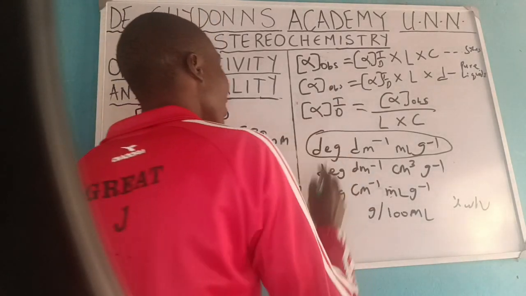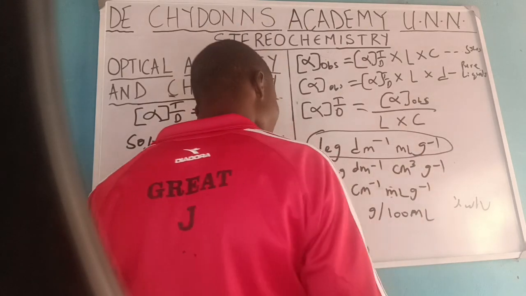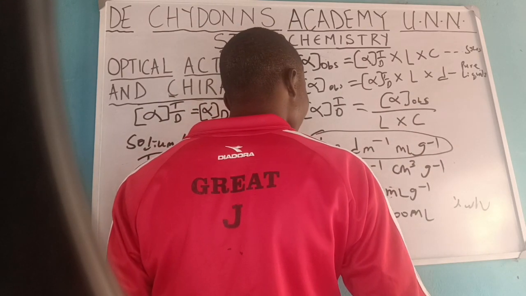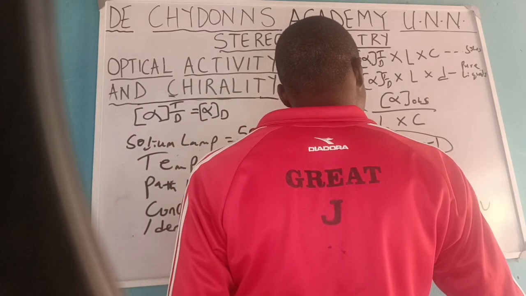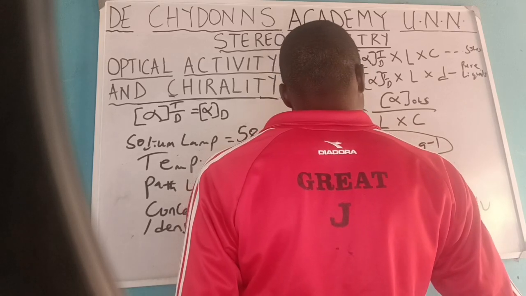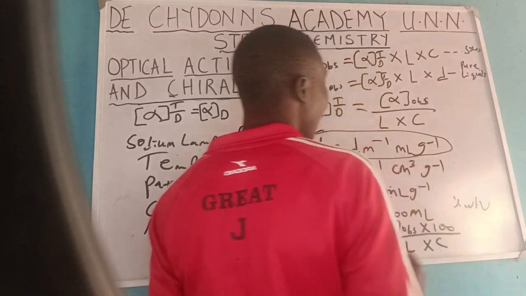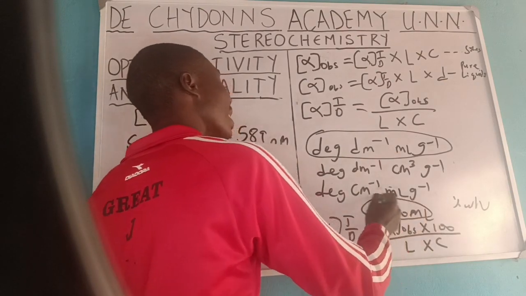Very simple. You multiply the numerator by 100. So specific rotation is equal to observed rotation times 100 over path length times concentration, and with that you are taking care of the concentration given in gram per mL.